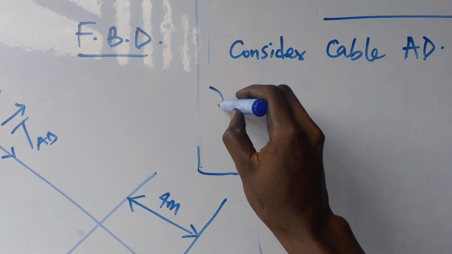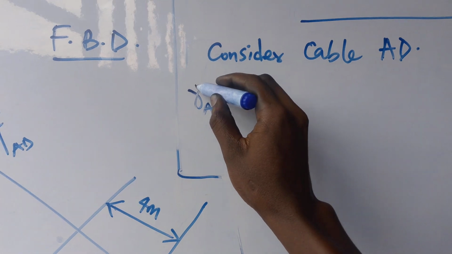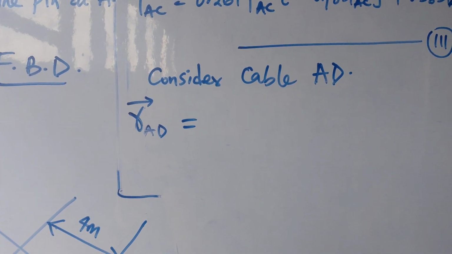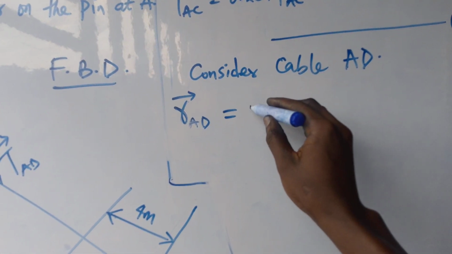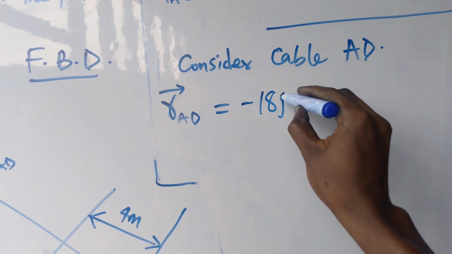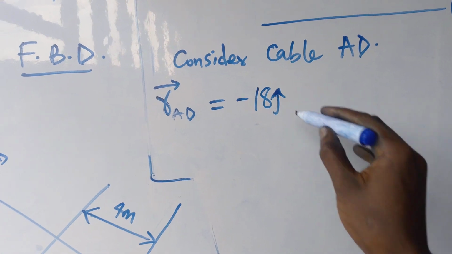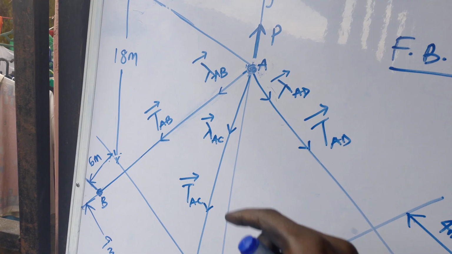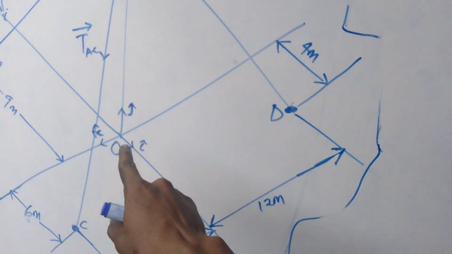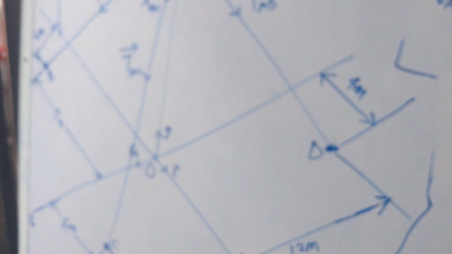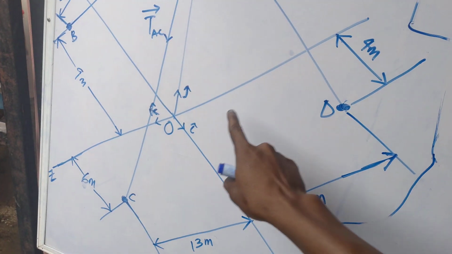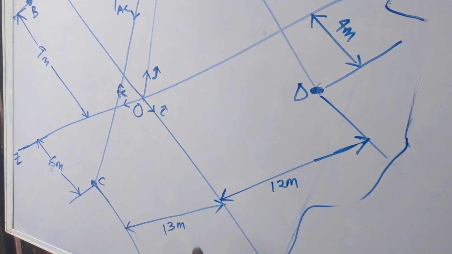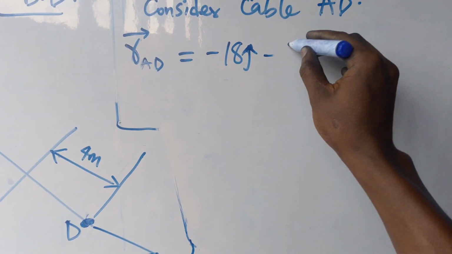So RAD will be, you have minus 18j. Then when we came down, we had minus 18j. Then we had to move like this, going like this, we had minus 12k.